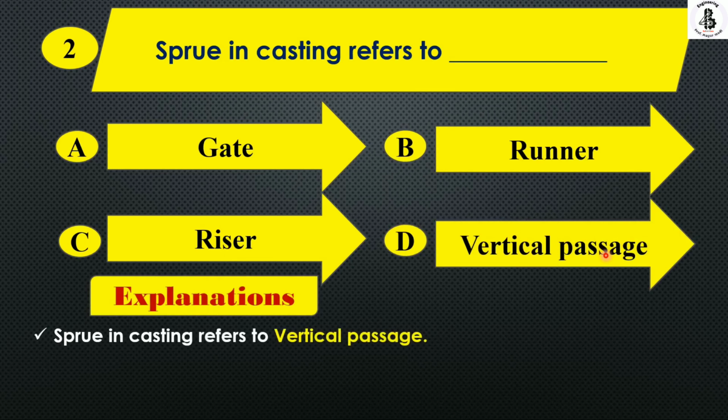Basically, from the positioning of the different elements used in the sand casting process, the sprue has a vertical passage and is connected with the pouring basin as well as the gate. It is always positioned vertically in sand castings for the passage of the molten metal. So the right answer is option D, vertical passage.